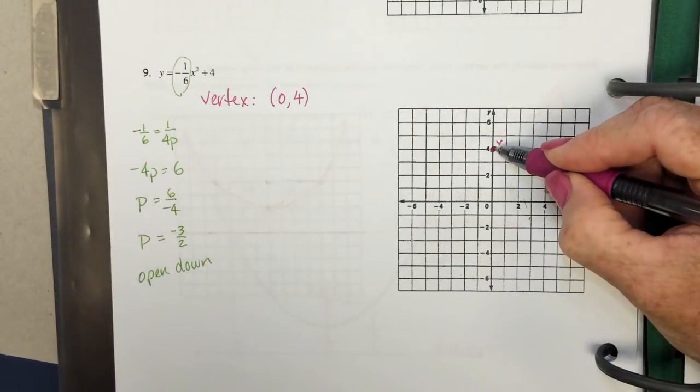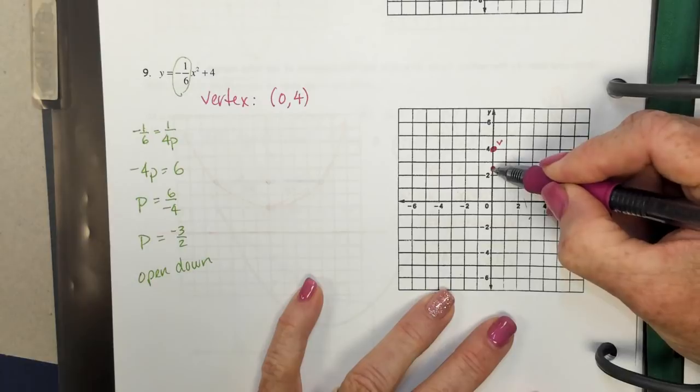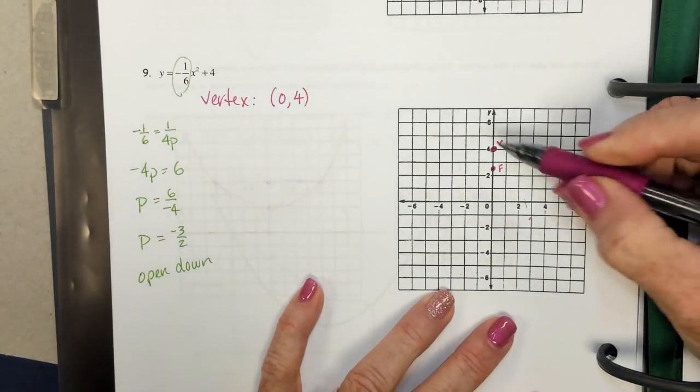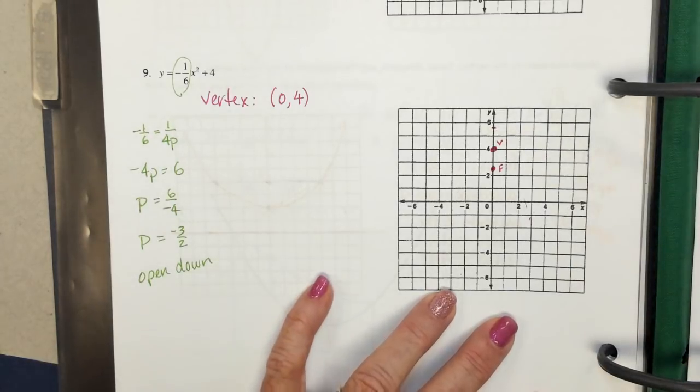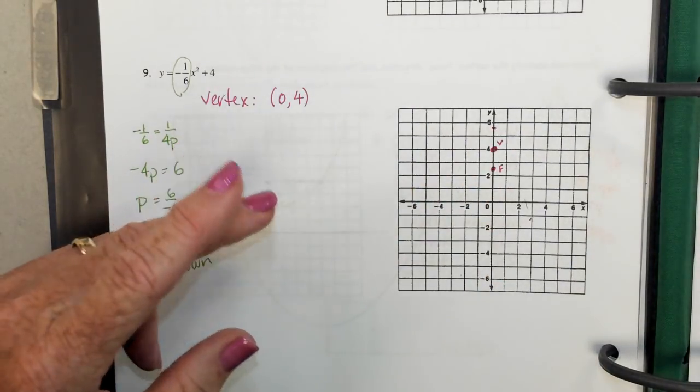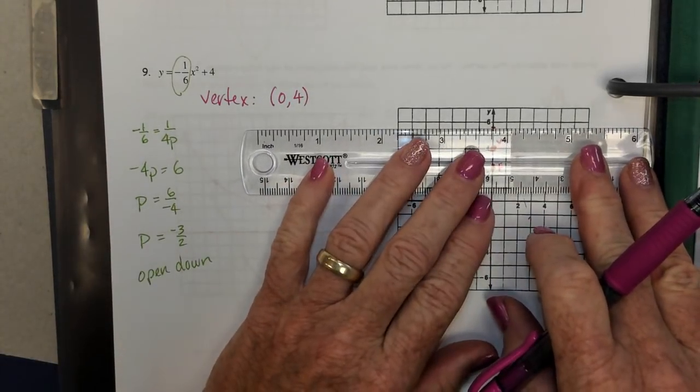Okay, so to the focus then, 1.5. There's the focus. And 1.5 down from the vertex then, this way. And we know that the focus and the directrix are reversed now because p is negative.